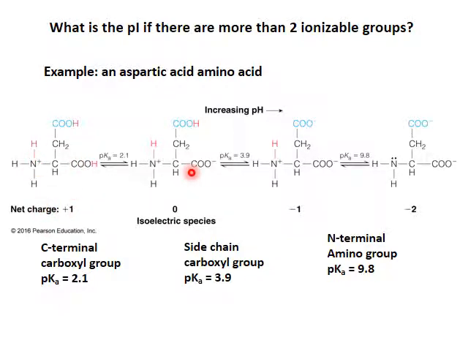Then we have a zwitterionic species here. Then we have a -1 after we completely titrate the second group. And then we titrate the amino group and we have -2. So these are the charged species at the end of the equivalence points.